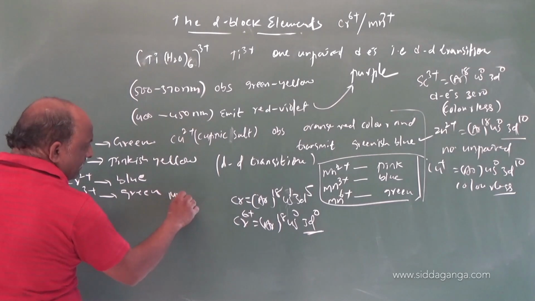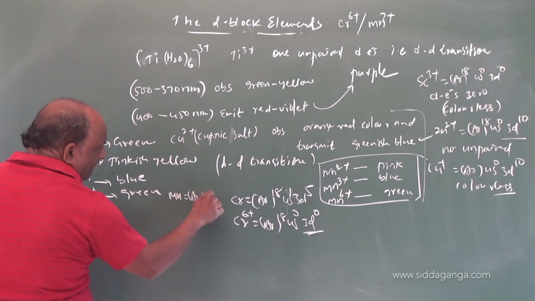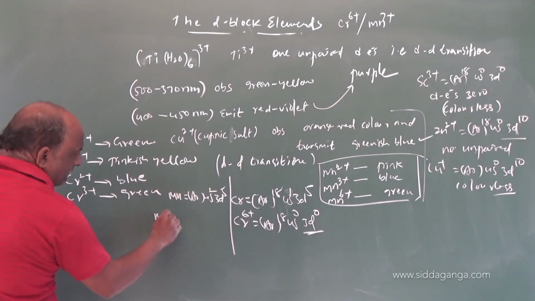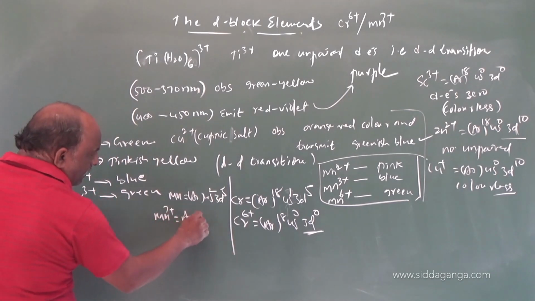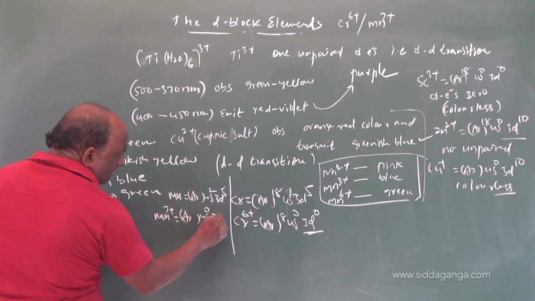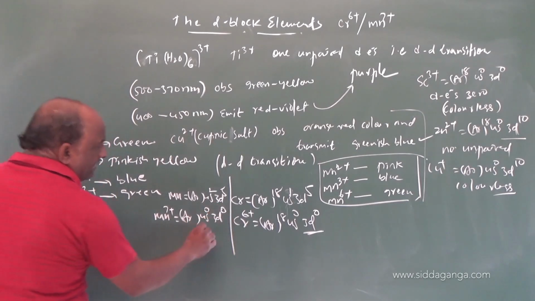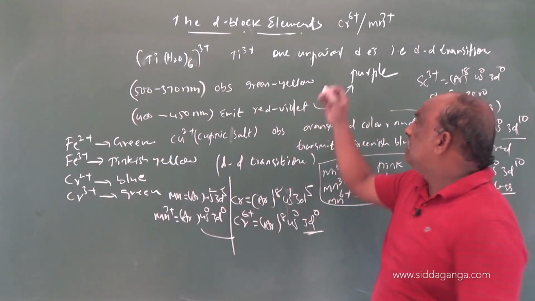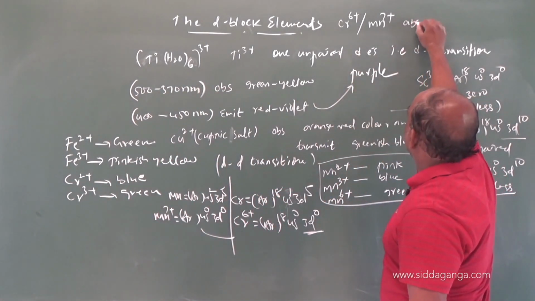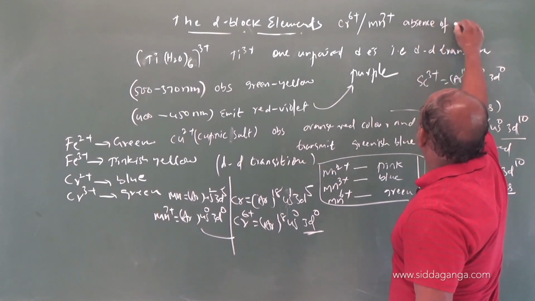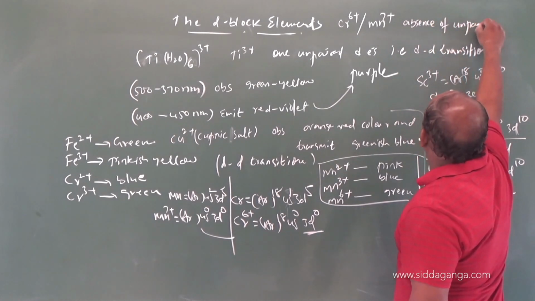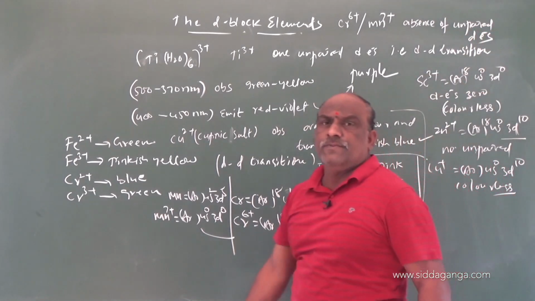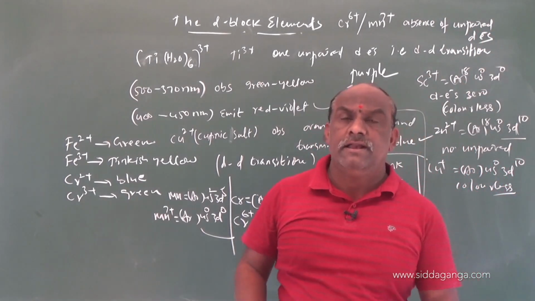Mn is argon 4s2, 3d5, and Mn7+ is only argon 4s0, 3d0. In these examples also, there is an absence of unpaired d electrons.